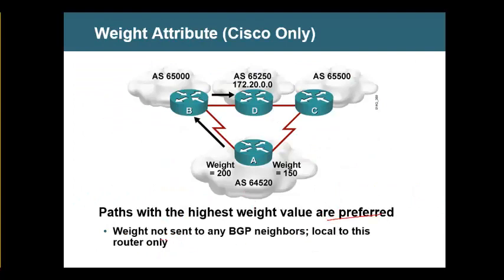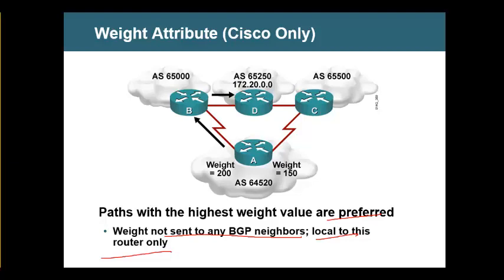Weight is not sent to any BGP neighbor. It's local to the router only. It includes iBGP and eBGP. You can configure it on a router anywhere, inside the autonomous system or on the border.